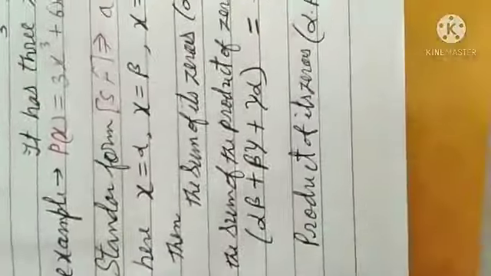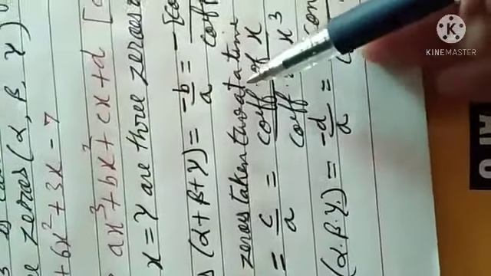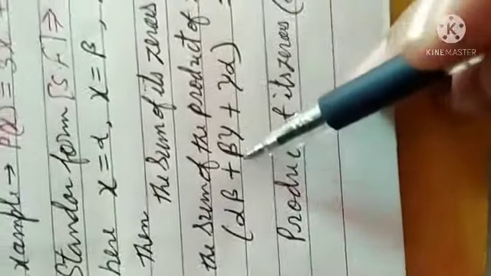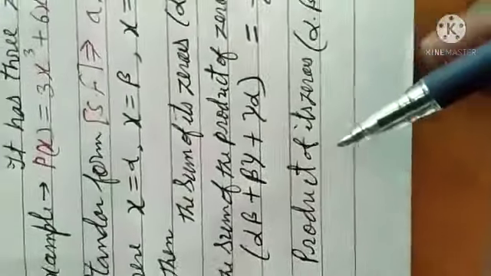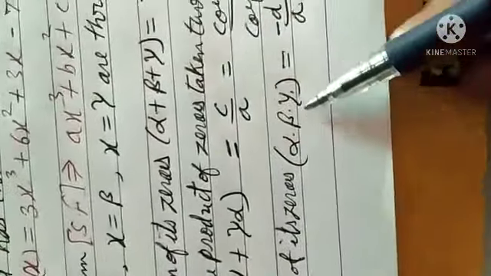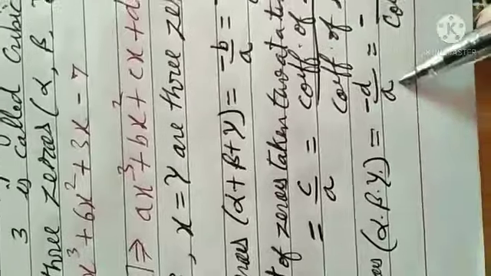The sum of the product of zeros taken 2 at a time, that is alpha into beta plus beta into gamma plus gamma into alpha, is equal to c upon a, that is coefficient of x upon coefficient of x cube. Okay, from here you can see. And the product of its zeros, alpha into beta into gamma, all three zeros, is minus d upon a.